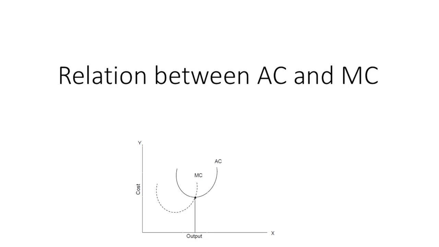In both cases, the MC is still below the AC curve. As long as AC is decreasing, MC is less than AC and lies below it. Marginal cost reaches its minimum value before AC reaches its minimum.